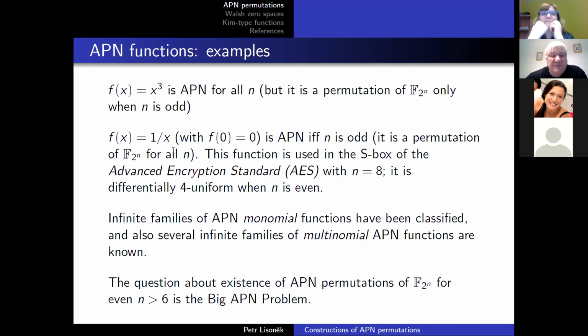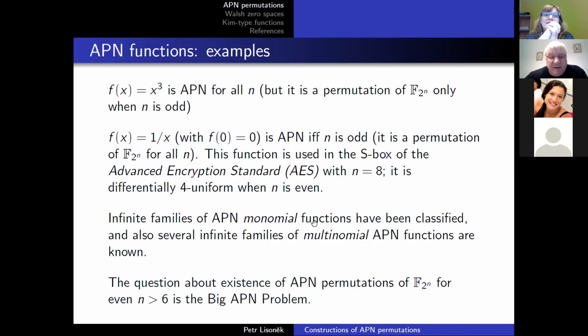So when we look for APN permutations, it's often easy to achieve one of the goals. We know lots of APN functions, we know lots of permutation polynomials, of course, but to achieve both at the same time, the APN and the permutation, turns out to be quite a hard task.